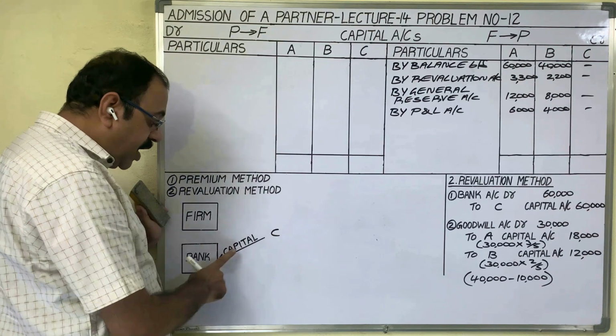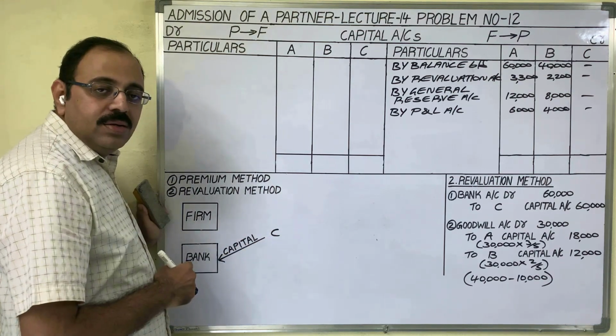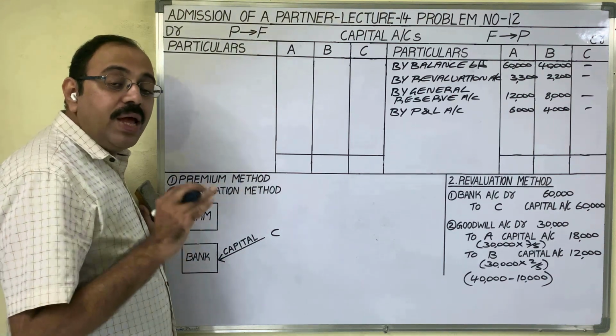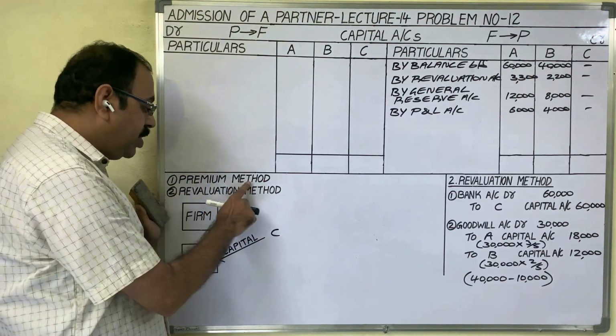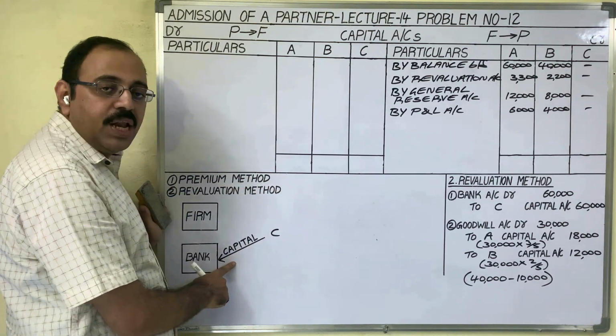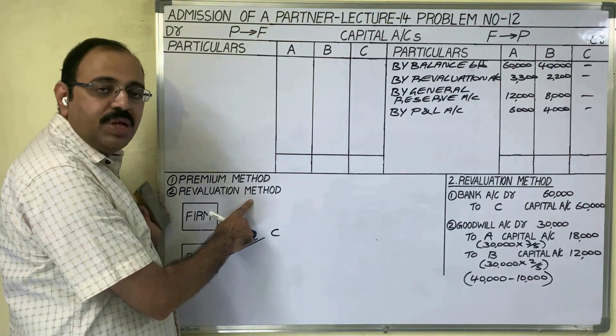When C is coming as a new partner, he brought only capital. If C brings capital and goodwill both, then we have to adjust that goodwill under premium method. As the new partner is bringing only capital amount, we have to adjust the goodwill under revaluation method.